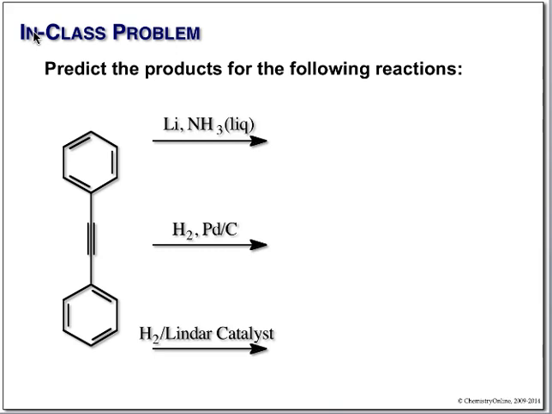We're going to stop at the alkene. And the stereochemistry will be trans. That's what you say to yourself. You're doing reduction, going to get an alkene, and it's going to be trans. The alkene should look like that.